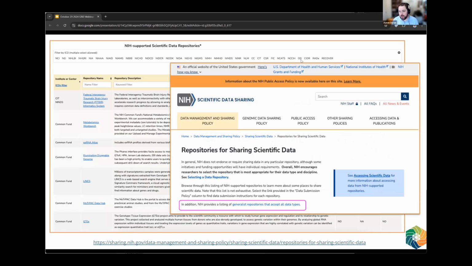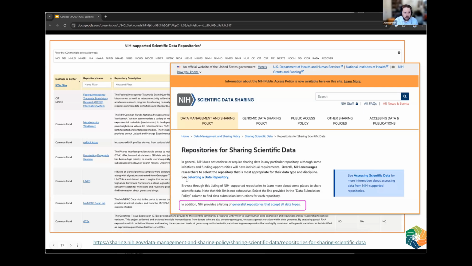So one nice thing is that the NIH has put together this page. They put together a number of pages, really. But one main one you're going to see is this one here. That is functionally a directory of all NIH-supported scientific data repositories.